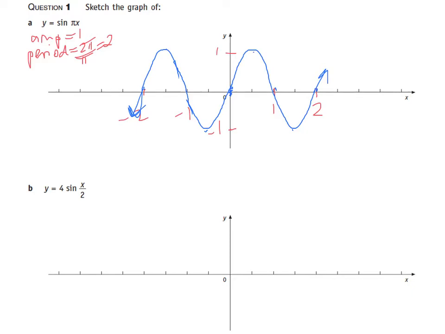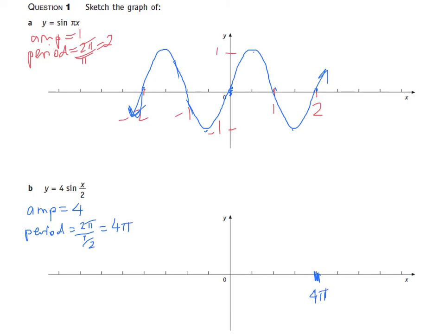Okay, the next graph. The amplitude, you can see, is 4. The period is going to be 2 pi on half, which simplifies. 2 pi divided by half is just 2 pi times 2, which is 4 pi. So let's make this marking here worth 4 pi.